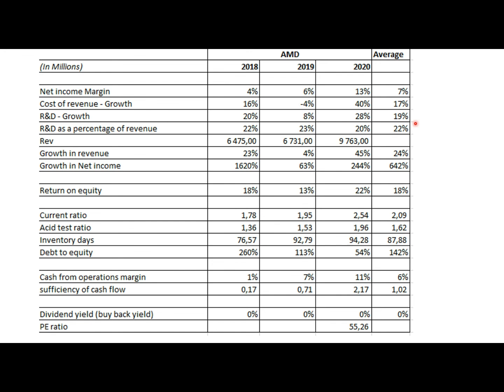Now, the strategy does appear to be working because net income margins have more than doubled, from 6% to 13% in 2020.